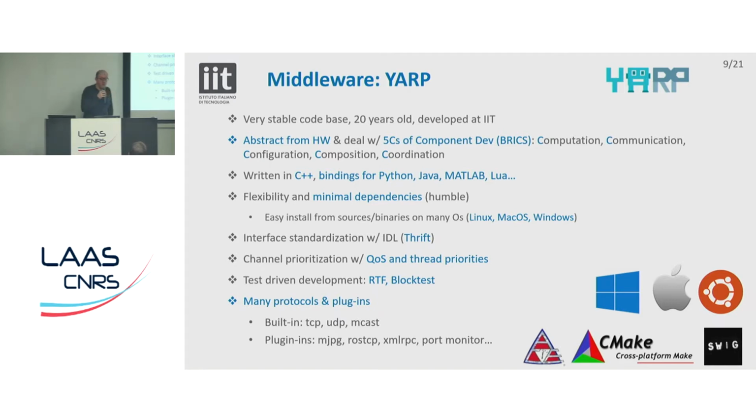Well, it's a lightweight C++ library, so we favor a humble approach. It's not grabbing massively your system like ROS, because we depend on very few external libraries. By the way, using SWIG, we can provide bindings to high-level scripting languages like JavaScript, Python, Lua, MATLAB, and so on.